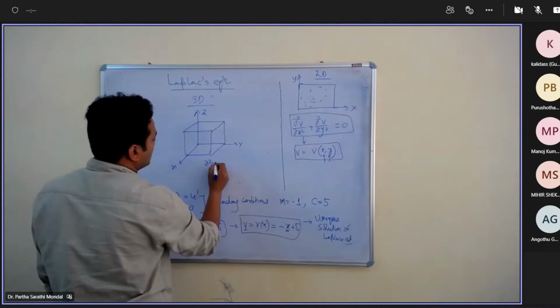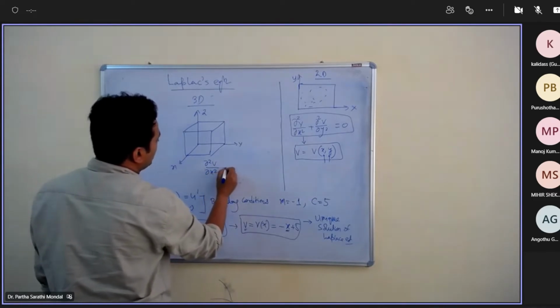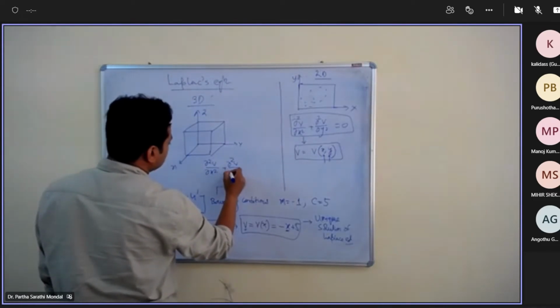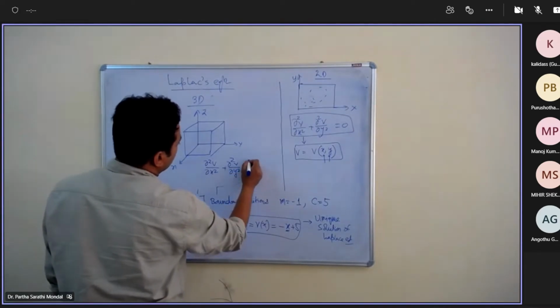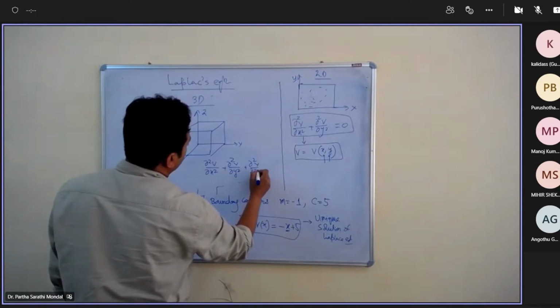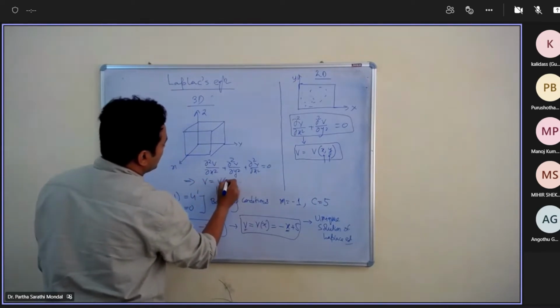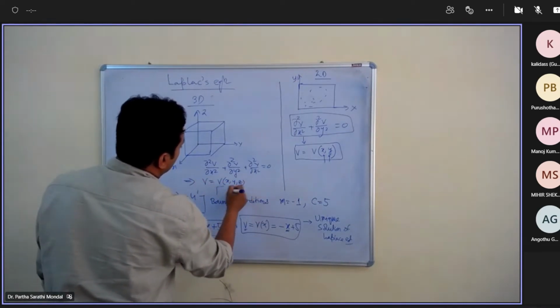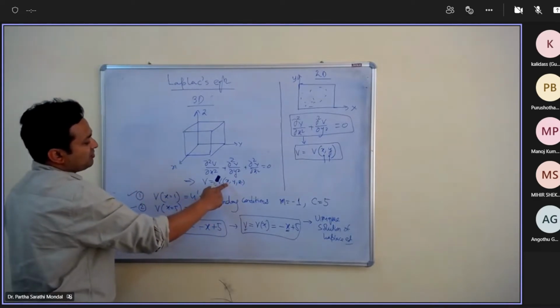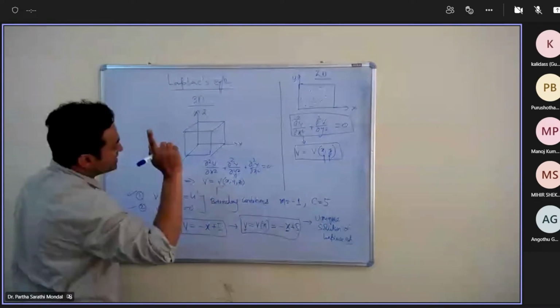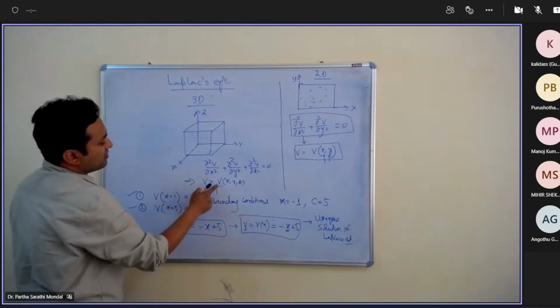Your Laplace equation in 3D will be del square v by del x square plus del square v by del y square plus del square v by del z square equal to 0. If I solve it, v will be a function of x, y, z. For any particular set of values of x, y, z, you will get one unique solution for v.